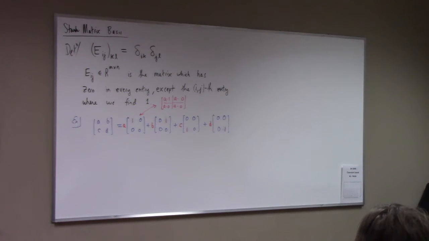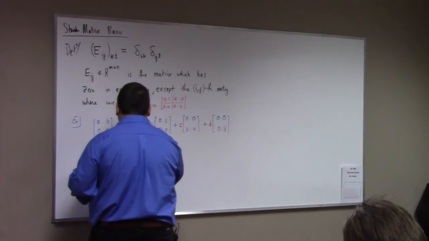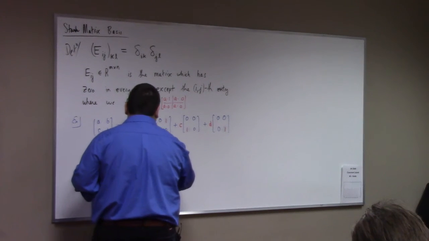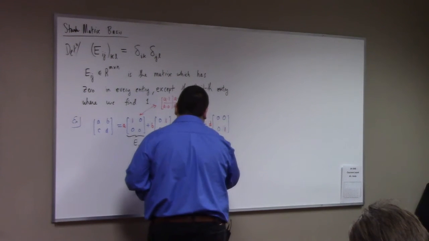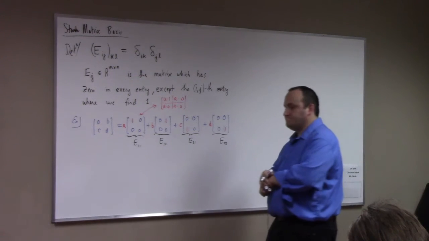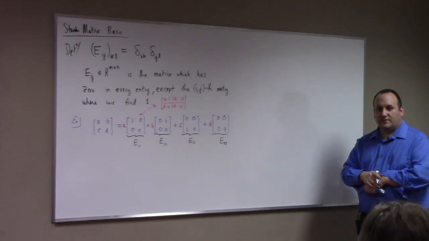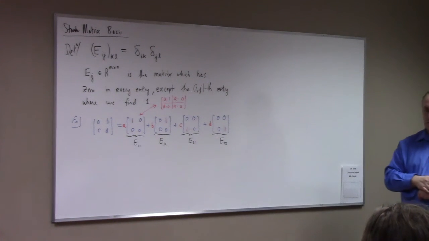I have a linear combination of the matrix units, as they're called. So here's E11. This guy is E12. Here you're looking at E21. And finally, last but not least, E22. A 2-by-2 matrix is a linear combination of E11, E12, E21, and E22.